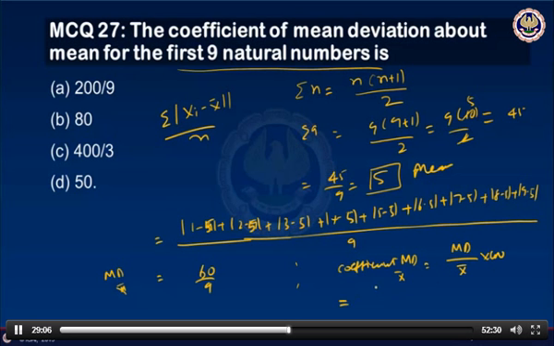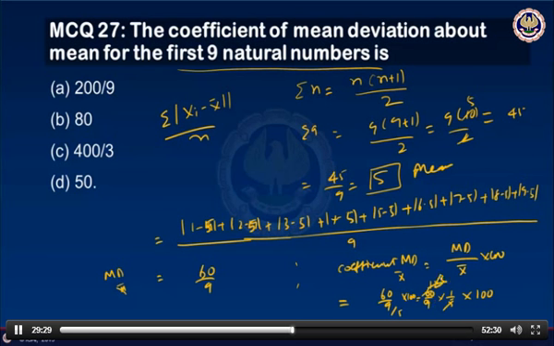Here this value is 20 by 9, divided by the mean, which is 5, into 100. That is 20 by 9 into 1 by 5 into 100.